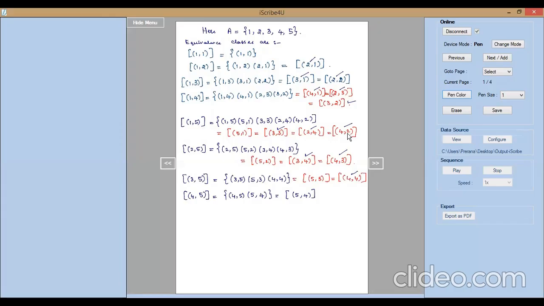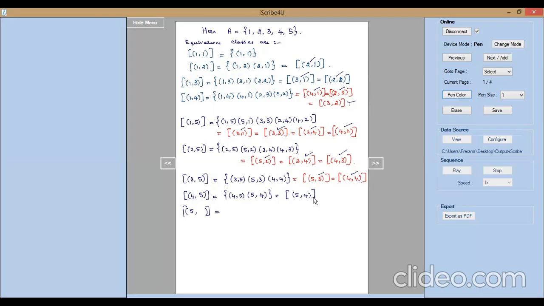Now, starting with 5, let us see which one we have to do. Observe 5, 1 is already considered; its sum is equal to 6, which is already considered. 5, 2 is considered. 5, 3 is considered. 5, 4 is considered. So I'll just put a tick here for your reference.